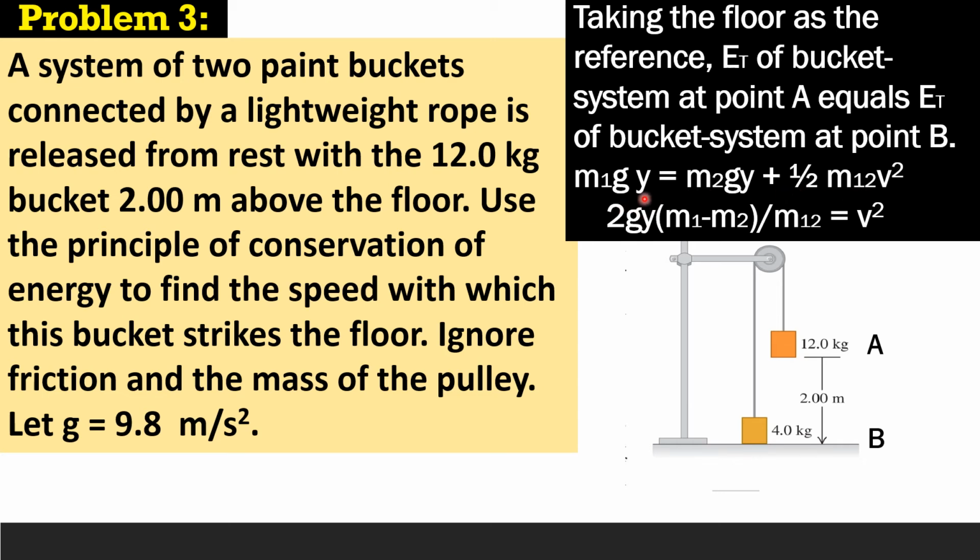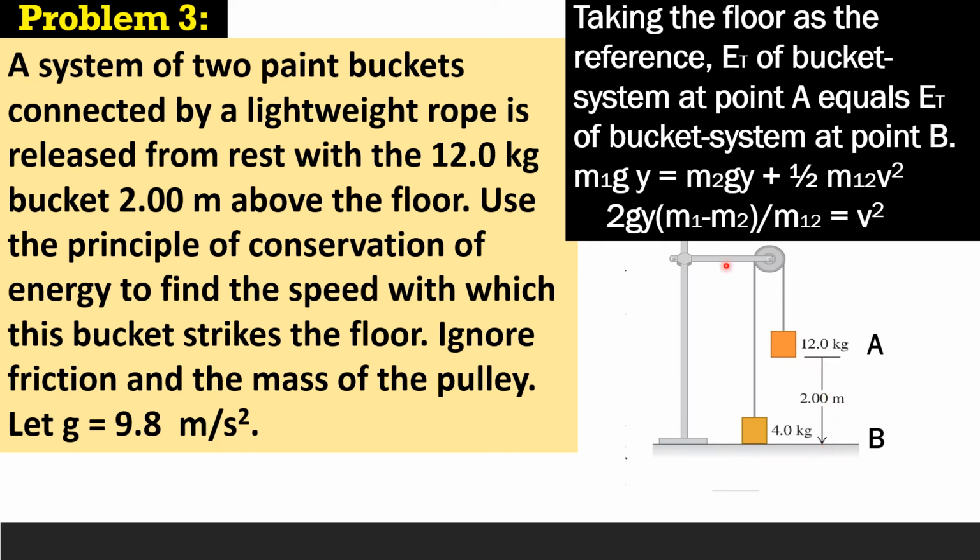Usually this is the part where students make mistakes, in how they express each potential energy and kinetic energy of the two bodies in reference to our chosen level. Now, what do you mean by M1 times G times Y? This is the potential energy of the 2 kilogram mass, since at the start it is 2 meters above the reference.